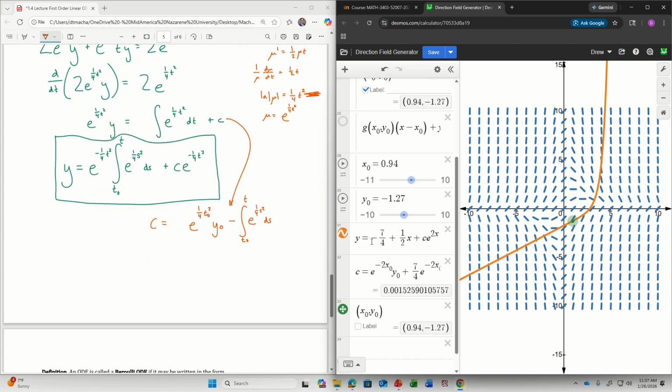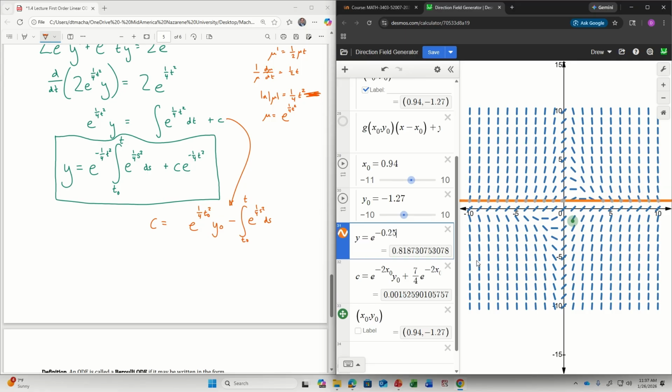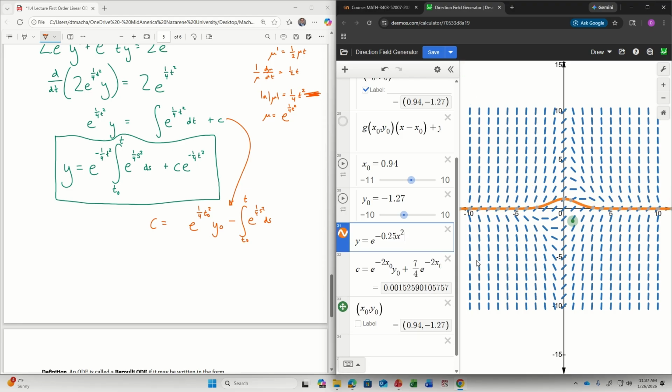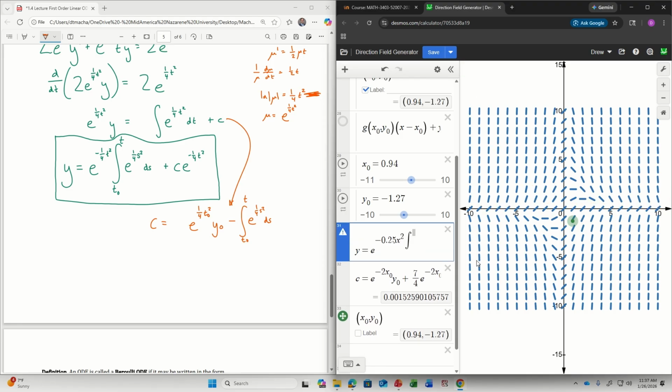And then for my general solution here, I'm going to write e raised to the power negative 0.25 x squared times integral, which you can get an integral in Desmos using int, just the letters int, from x0 up to x of, oops, I put my integral in the exponent, don't want to do that, of e to the power 0.25 s squared ds, plus c e to the power negative 0.25 x squared.